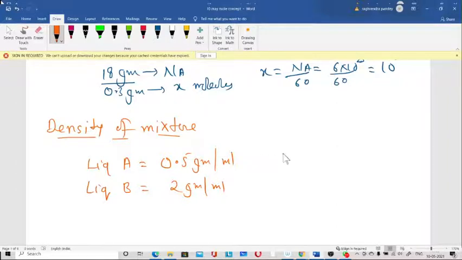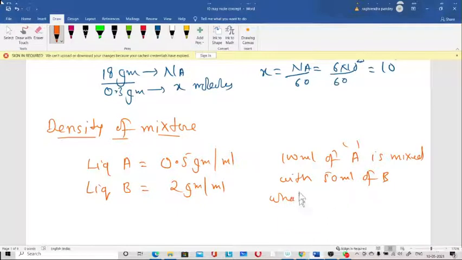Now 100 ml of A is mixed with 50 ml of B. What is the density of the mixture?